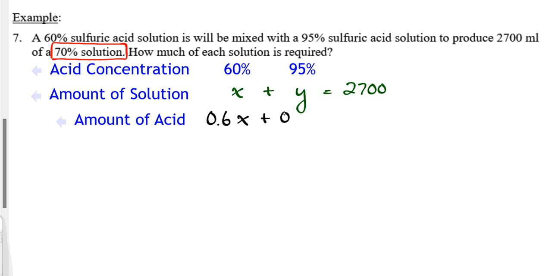And 95% of Y is pure acid. But here's the tricky thing. 70% of the 2,700 milliliters is pure acid as well. And so that's where we're getting our second equation from.